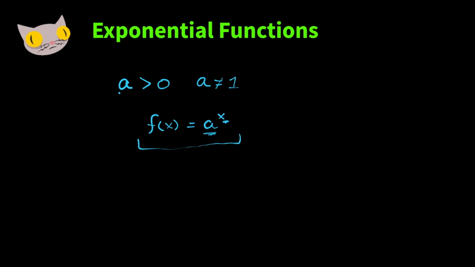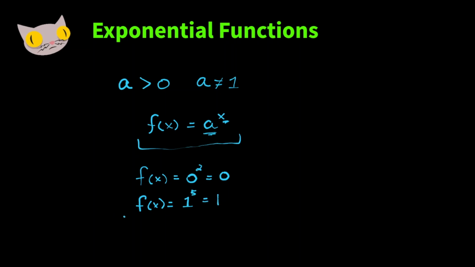Now, why can't a be less than 0? Well, that's because if we have f of x is equal to 0 to the power of, say, 2, we're just going to get 0. And same for if a was equal to 1. If a was equal to 1, and we'd have 1 to the power of, say, 5, our answer will still be 1.